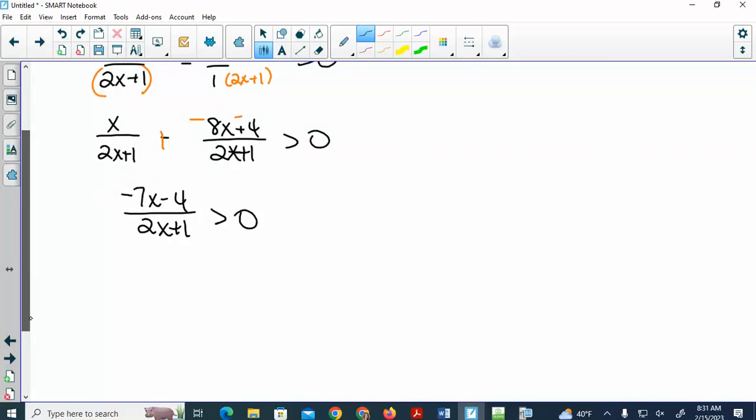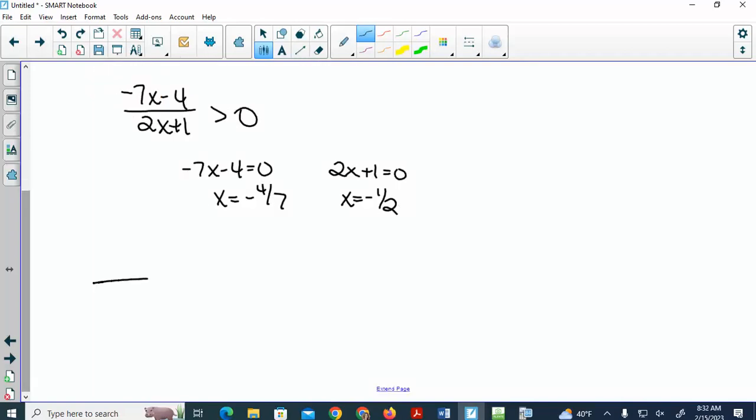Now I have a single fraction. What do we do? We find where the numerator and denominator are zero, so we get negative 4/7 and negative 1/2.